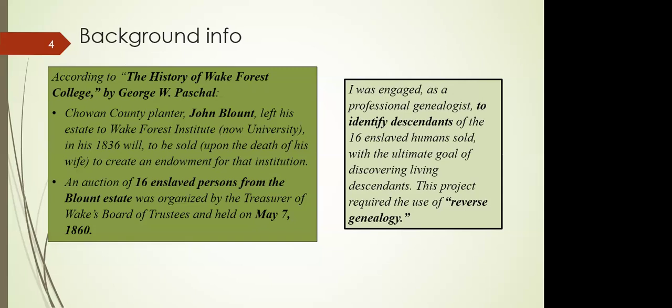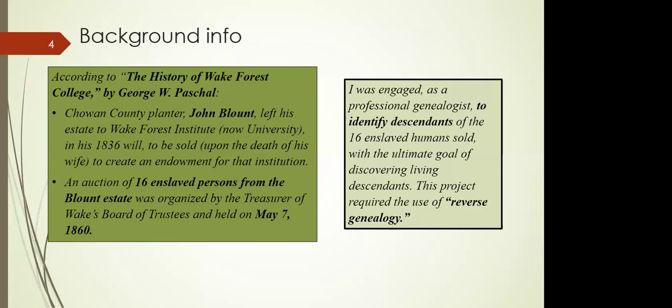An auction of 16 enslaved persons from the Blunt estate was organized by the treasurer of Wake's Board of Trustees and was held on May 7th, 1860. Again, this is according to the writing of George Washington Paschal.